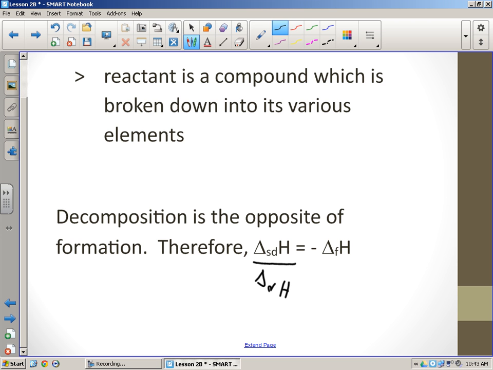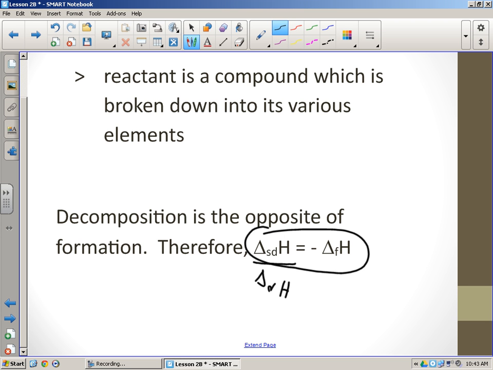If we wanted to do the decomposition of that one, it would be a negative 11.1. So decomposition is the opposite of formation, and that's what it tells you right here: the negative of the delta F, delta formation. So make sure you make note of that however you want to. Make little notes for yourselves. Decomposition is the opposite of what you see in here.